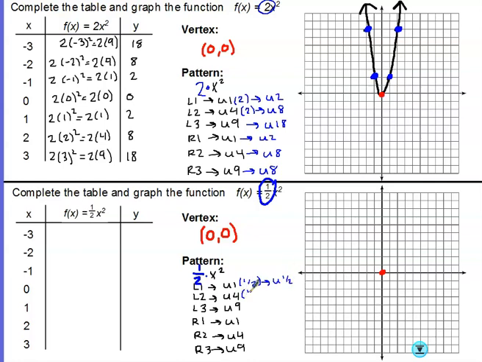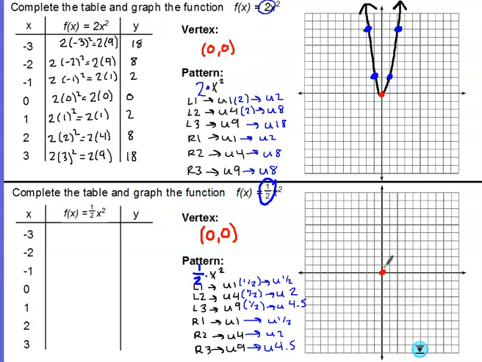Up 4 becomes up 2. Up 9 becomes up 4.5. Up 1 becomes up 1/2. Up 4 becomes up 2. And up 9 becomes up 4.5. So all we're doing is multiplying the up column by whatever that coefficient is on x squared.